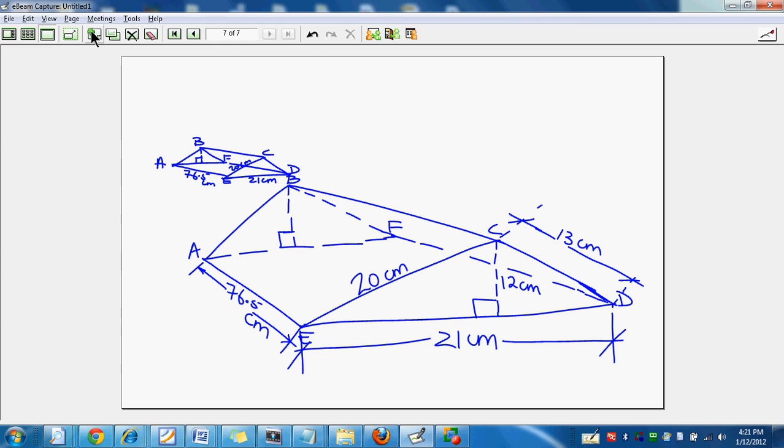Okay, so those are the two things we have to do. Now in order to calculate the surface area of this wedge, we have to find the surface area of each of the faces of the wedge. Okay?